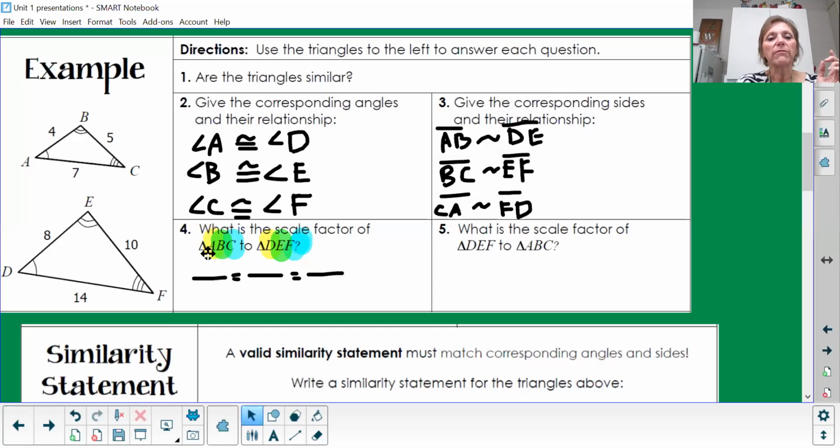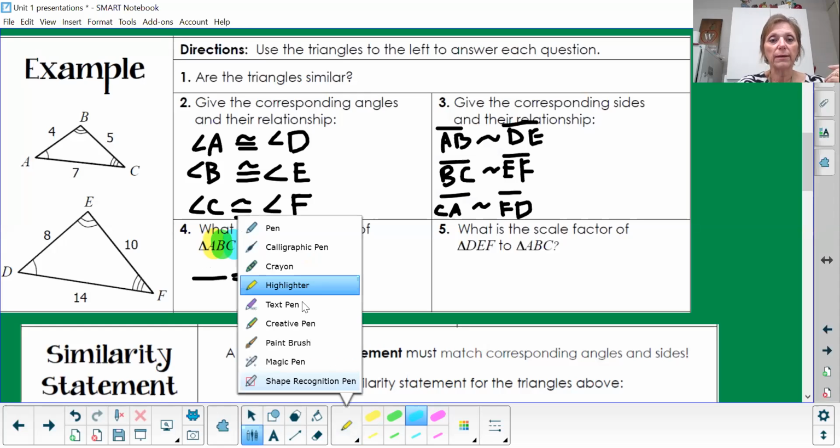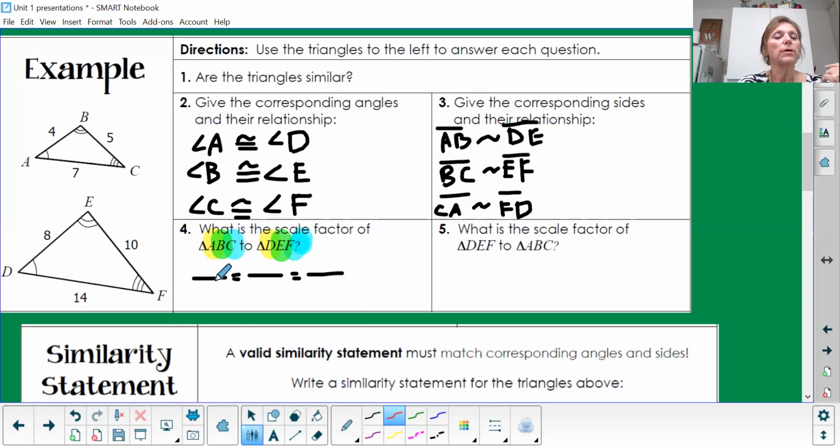So I'm going to look at from A to B, yellow to green over here. Whatever I use for the top, I have to use for the bottom. But I'm going to go in reverse order because I know from here to here it gets bigger, and I know these are bigger numbers. So think of side AB on the bottom, and side DE on the top.